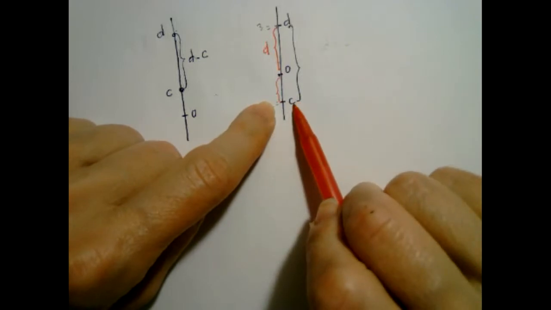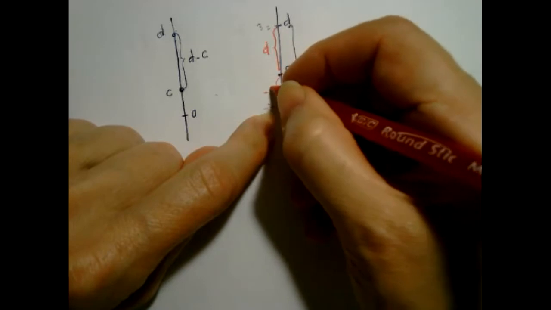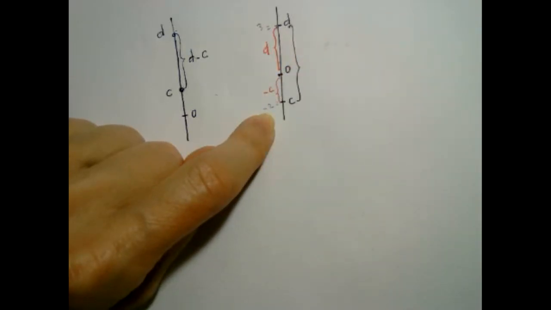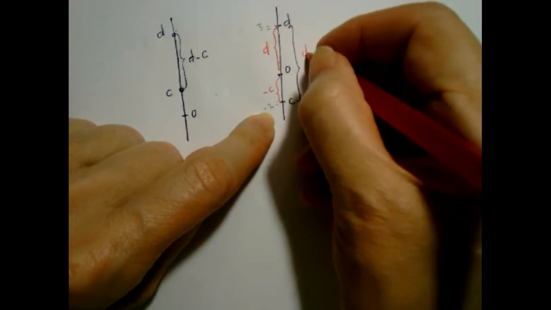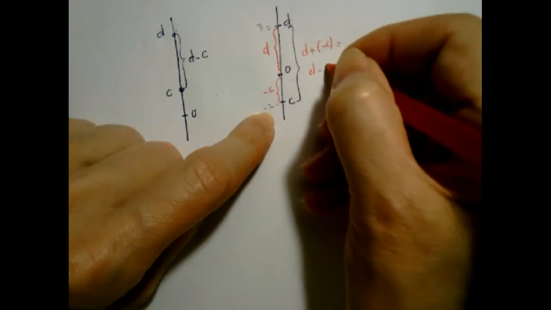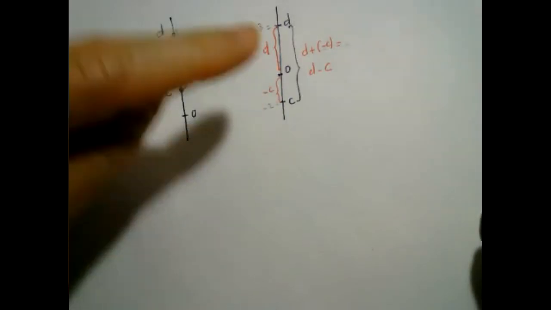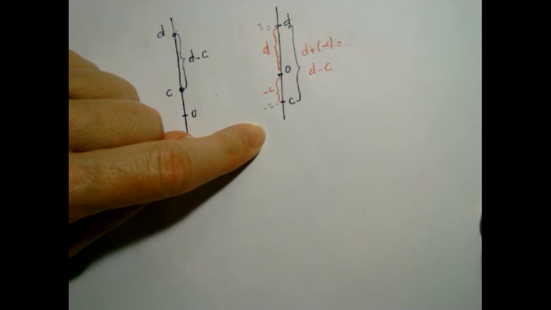If C is negative, like -2, the length is actually the negative of it, simply because C is negative. So the actual length is negative C. So from here to here, I have D plus minus C. It means D minus C. It's the top value minus the smallest value.